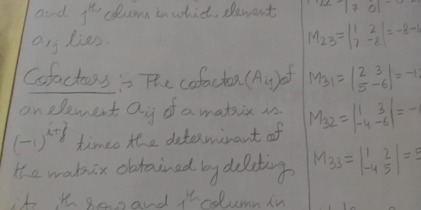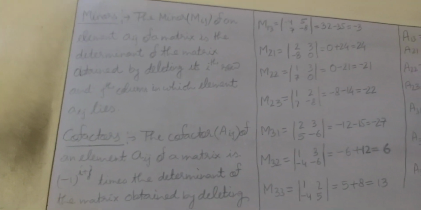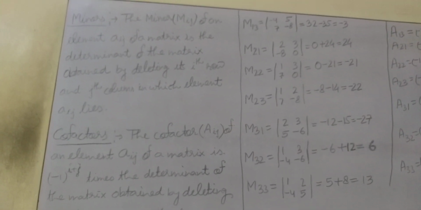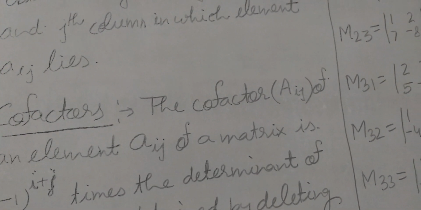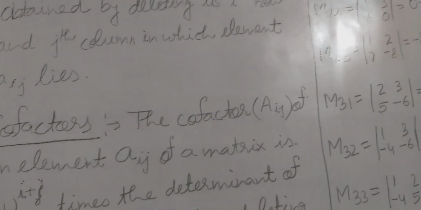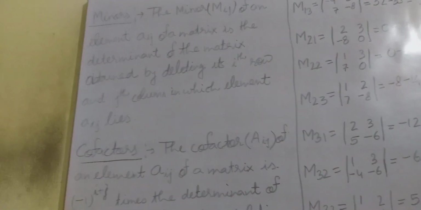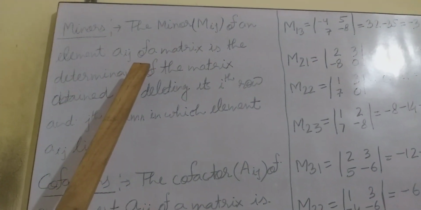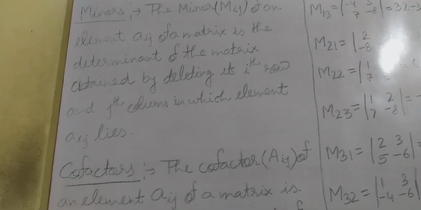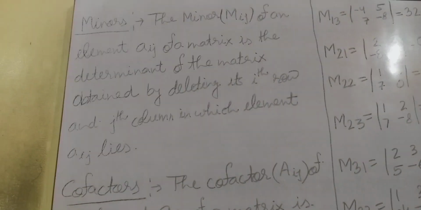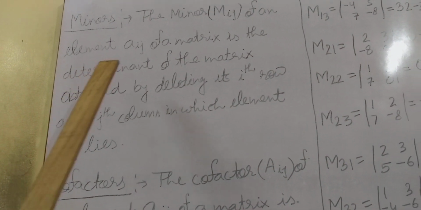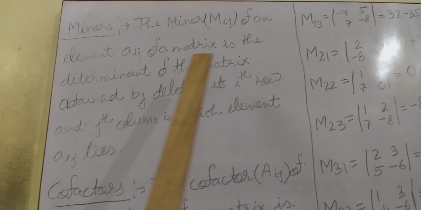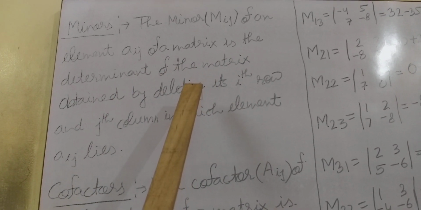Okay, students. So you can see in both definitions only one difference is there. Here it is written that the minor of an element aij of a matrix is the determinant of the matrix.